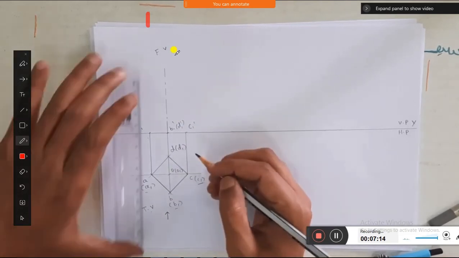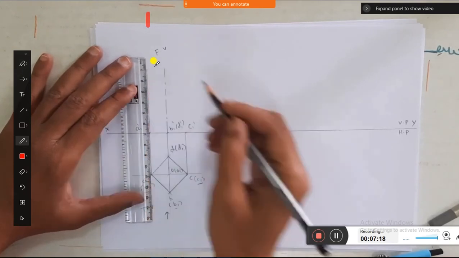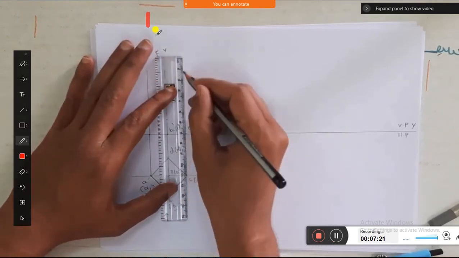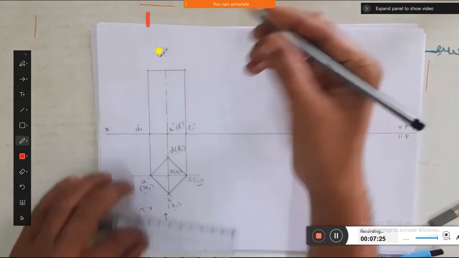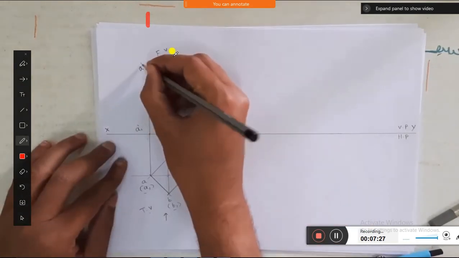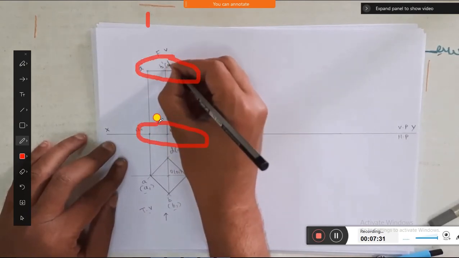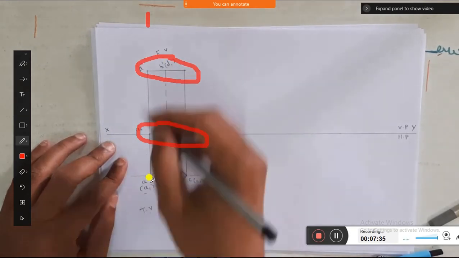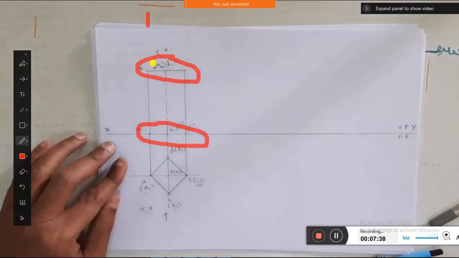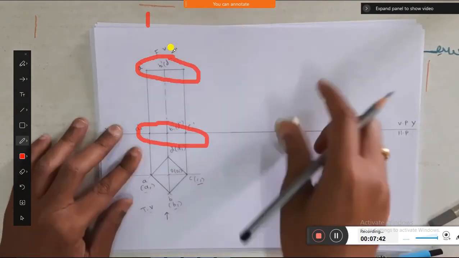Similarly in the top face, A dash is visible, it is of 60 mm, then join so that it represents the front view of the top face and bottom face. So this is the top face and this one is the bottom face, and this is A dash, B dash, C dash. These points are visible in the top, and D dash should not be visible.